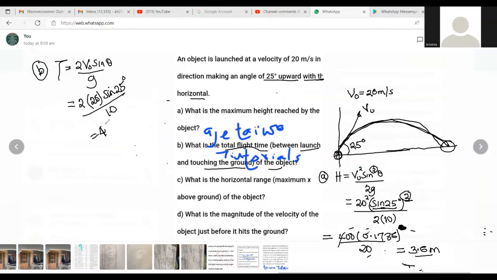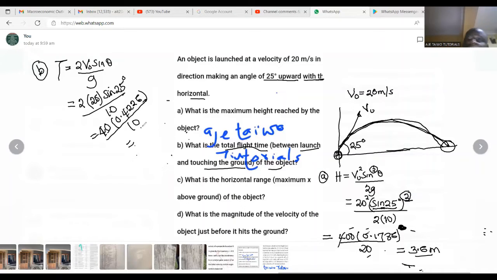Mute yourself, Jemima. Okay, 2 times 20, that's 40. Tamilore, what's sine 25? 0.4226. 0.4226 over 10. So what is this times this over this? Give me the final answer, Tamilore.